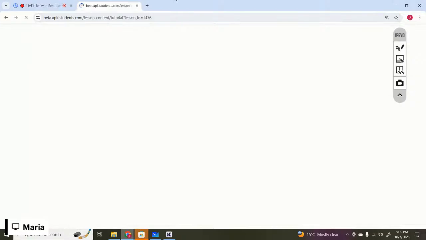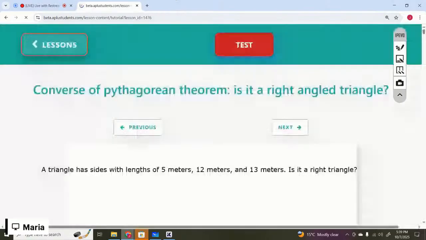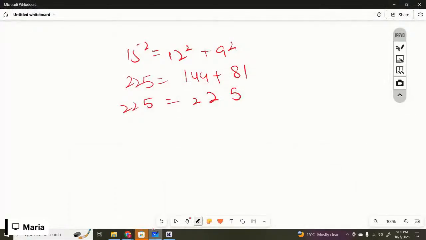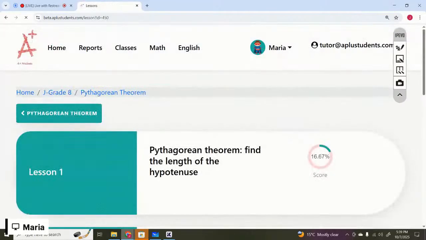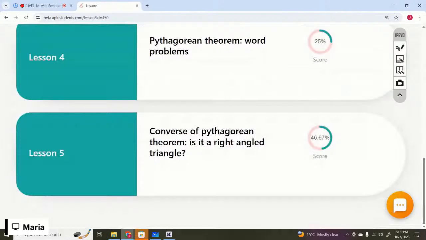So we were working on the Pythagorean theorem and the converse of the Pythagorean theorem, is it a right angle triangle.